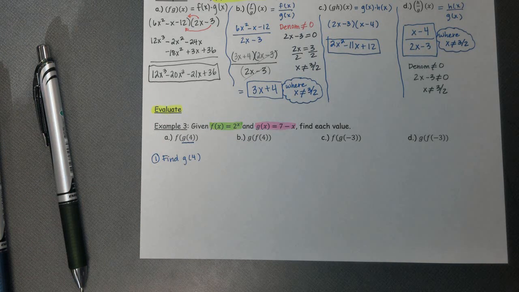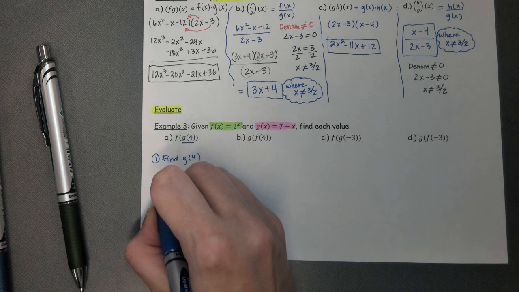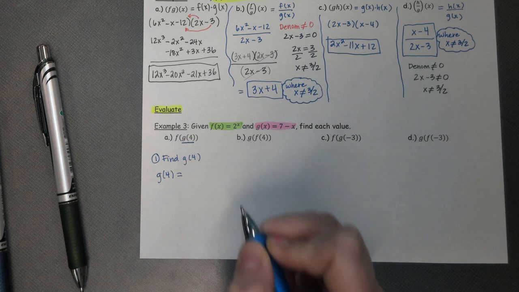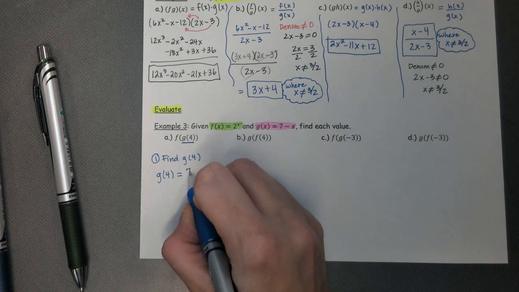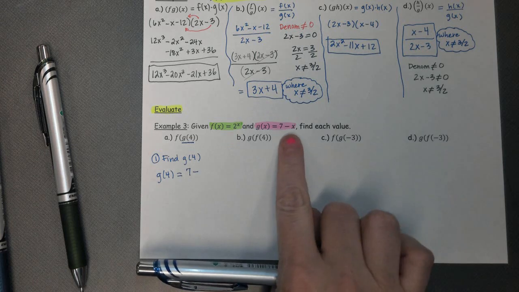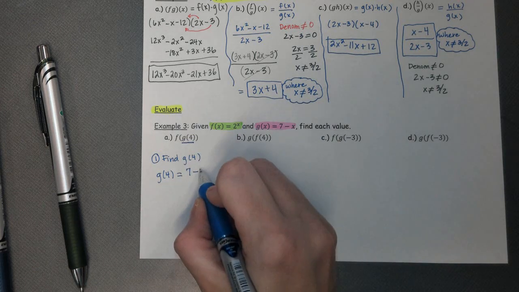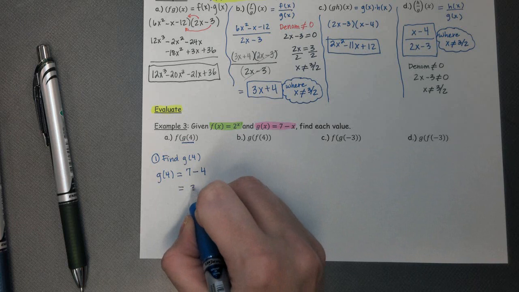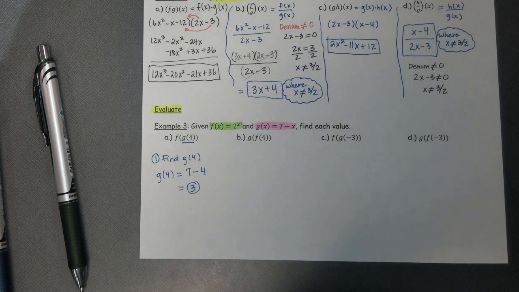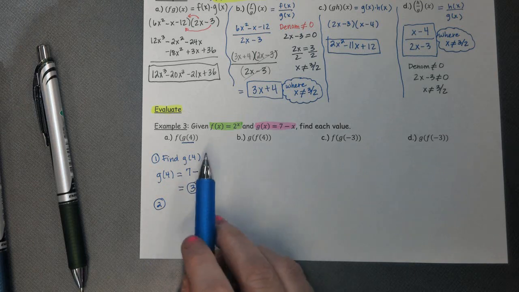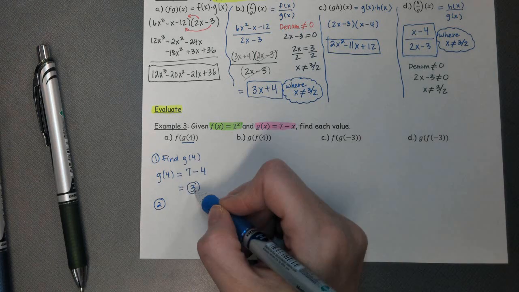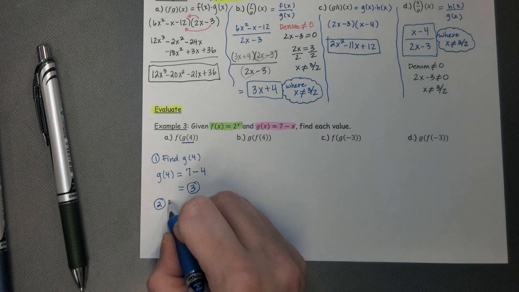Remember, g of 4 means that you take g of x, and instead of x, what do you plug in for it? 4. Great. So this is just 7 minus 4, which is 3. That's step 1. So the 3 goes in place of g of 4.